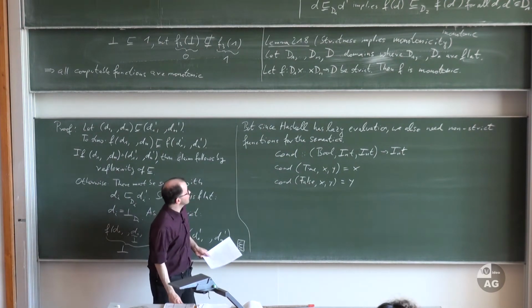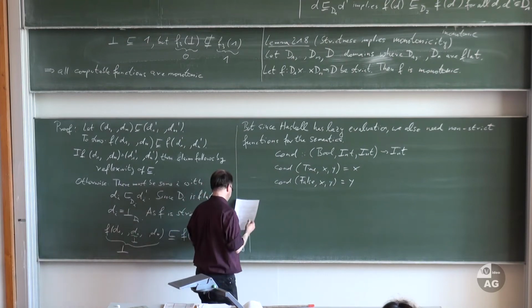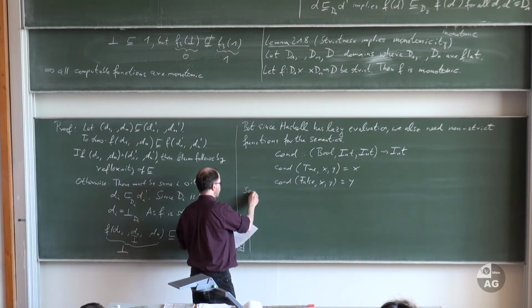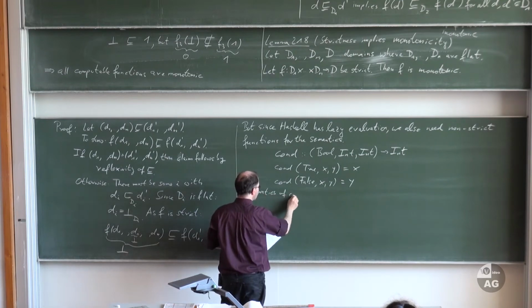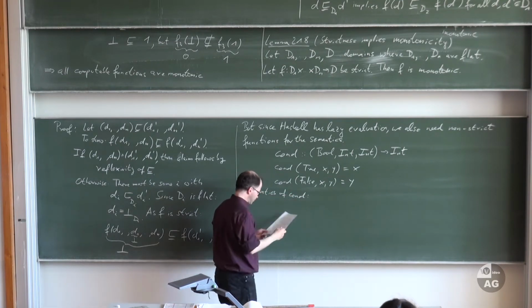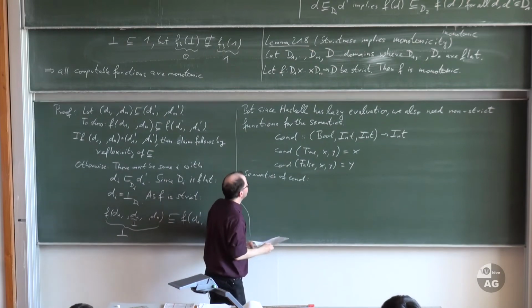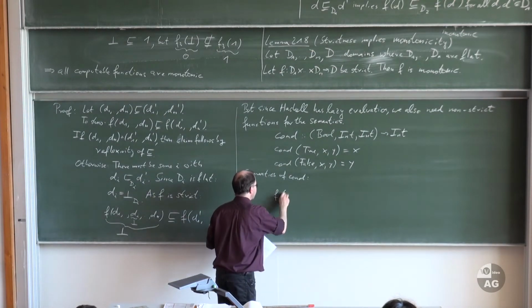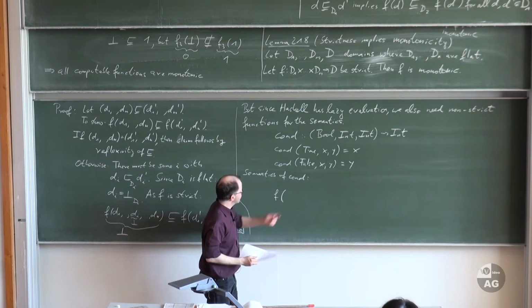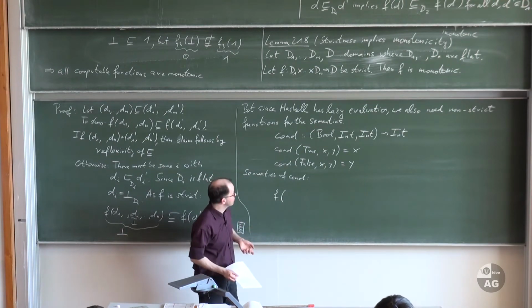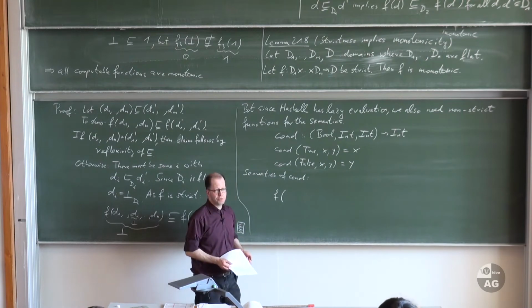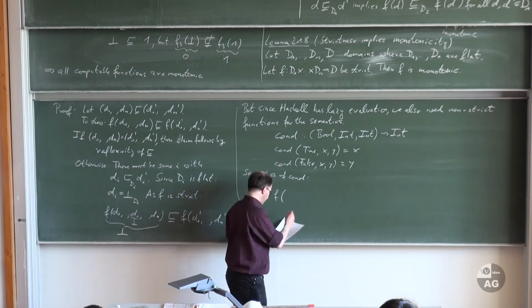So what should be the semantics of this? So the semantics of cont should be a function f which takes three arguments. The first one from B bottom, so the Booleans plus bottom. The second one from Z bottom, and the third one also from Z bottom.